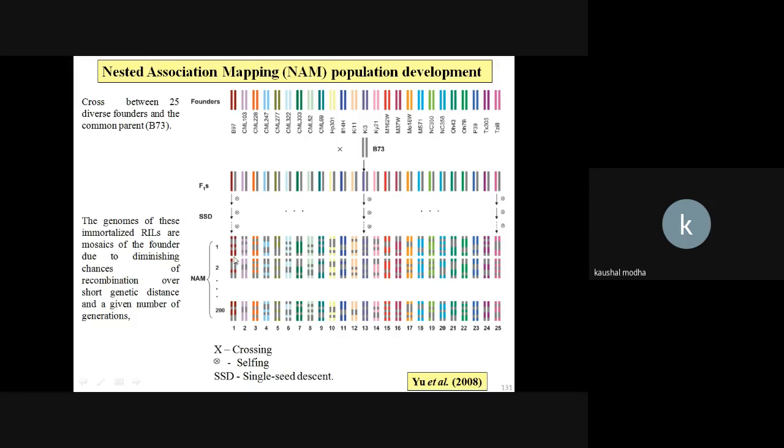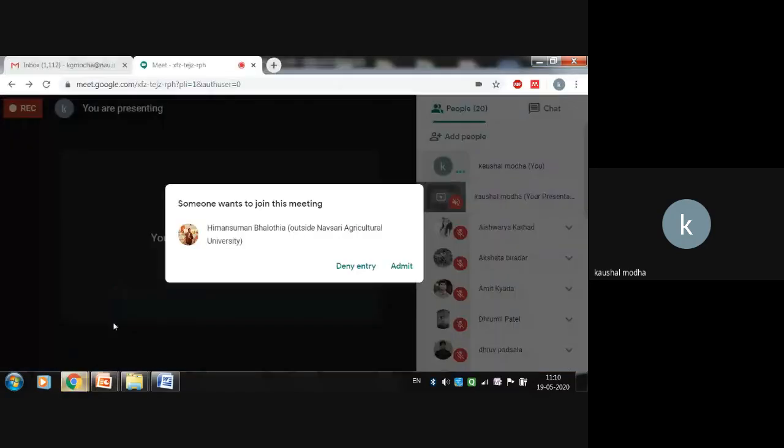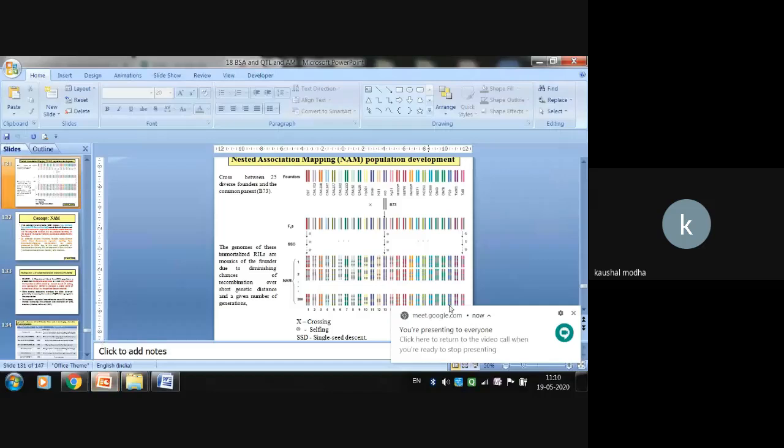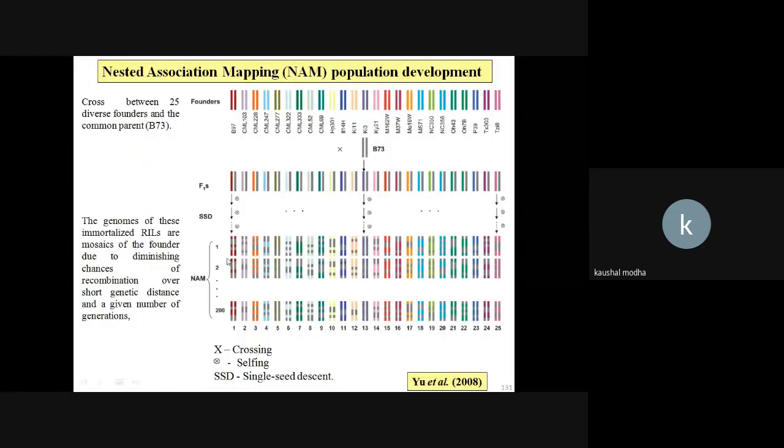Nested because here if you look at these linkage blocks, then within a particular block from the founder line, it is actually nested between these gray markers.